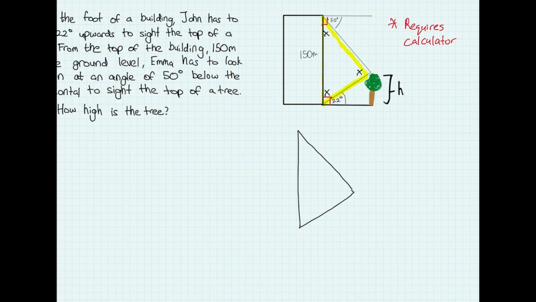So we know that they add up to 90 degrees. With that information, we can find this x and this x right here. This x is going to be 90 minus 22, which is 68 degrees, and this x is going to be 90 minus 50, which is 40 degrees.